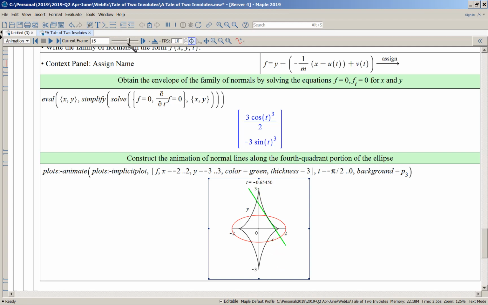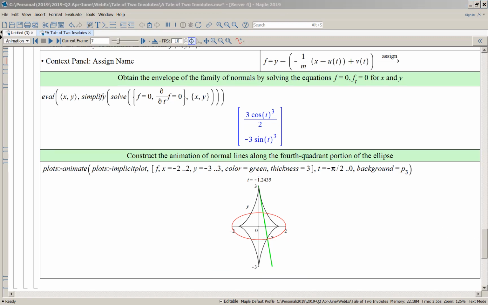It's the animation of the normal lines that touch the ellipse in the fourth quadrant and are tangent to the evolute in the first quadrant, and the evolute is the envelope of these green normal lines.